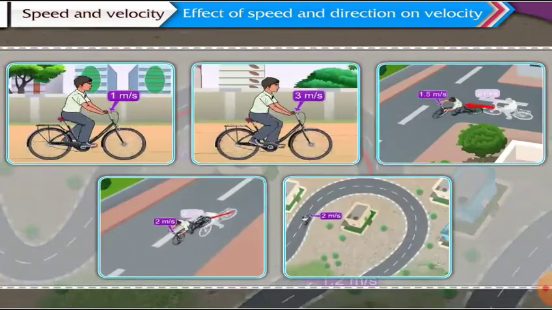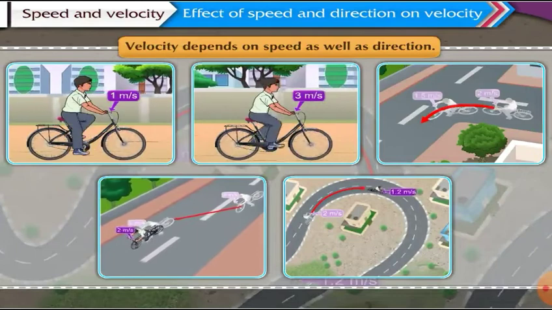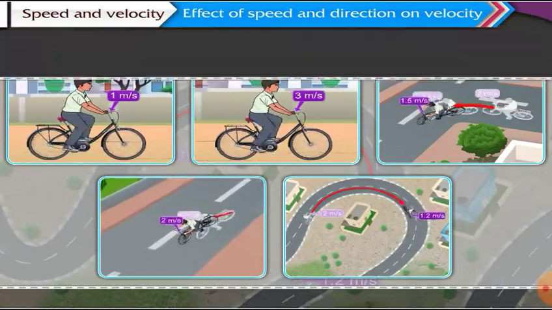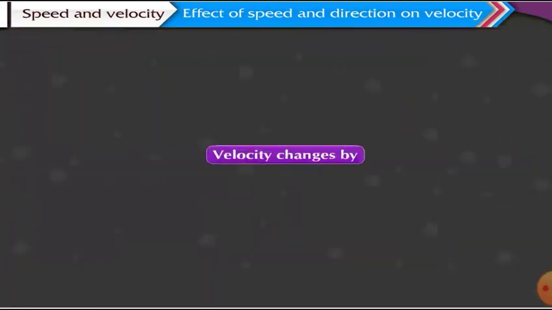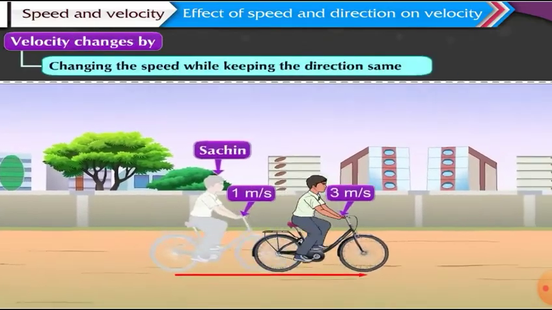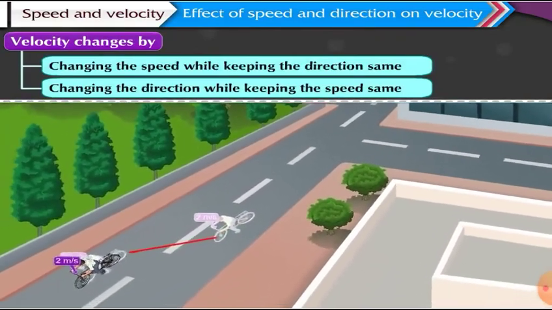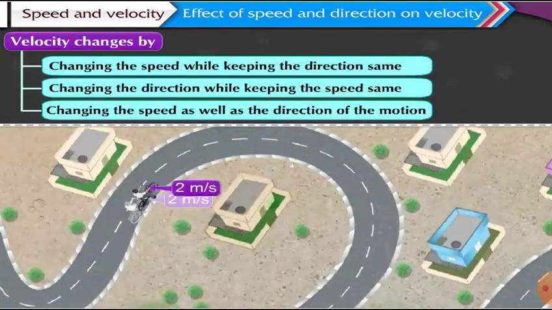On observing all these events, it is clear that velocity depends on speed as well as direction. Thus, velocity changes by changing the speed while keeping the direction same, changing the direction while keeping the speed same, or changing the speed as well as direction.